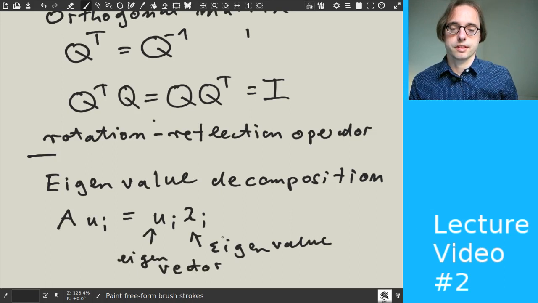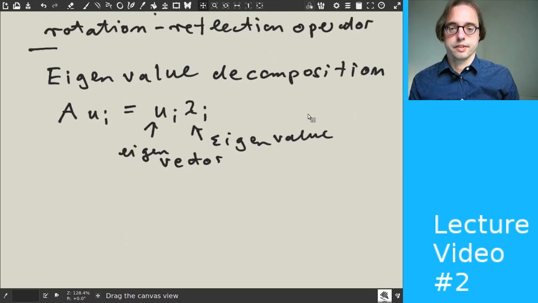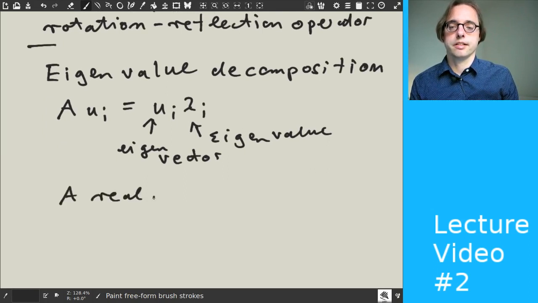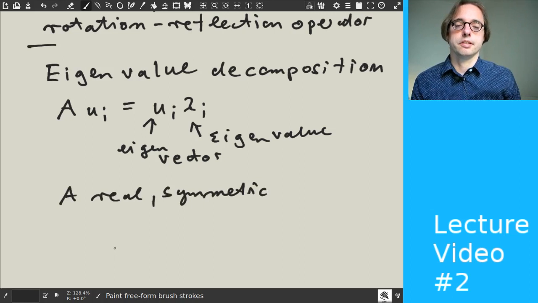I won't discuss further properties, other than that there are algorithms to get these eigenvalues and eigenvectors, and in many cases these are complex, but we restrict our attention to real symmetric matrices.